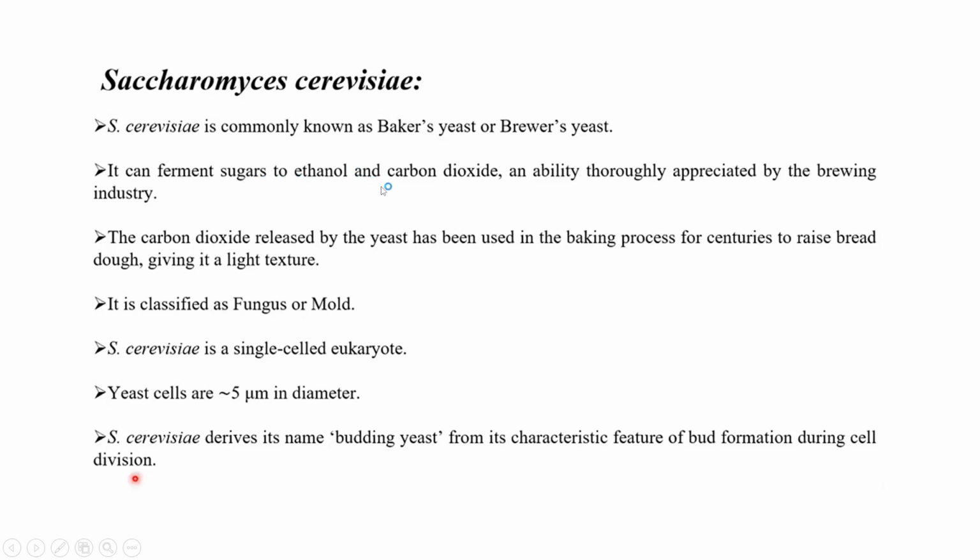That pyruvate is then converted into acetyl CoA, and acetyl CoA goes through the citric acid cycle, and the reducing equivalents produced from there give ATP generation through the mitochondrial respiration pathway.